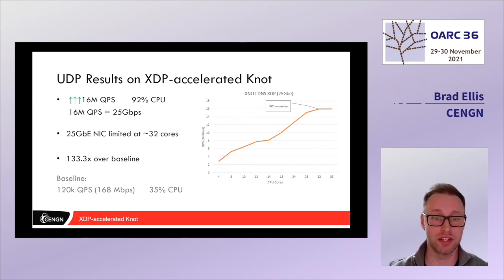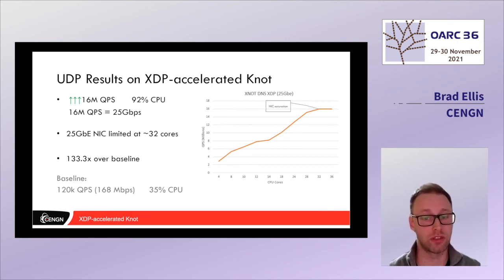So we hit network card saturation. And we hit this actually at only 32 cores when we had 36 available. So there's room for a little bit more improvement there, although that's the limit of what we hit. For some context, this is like 133 times our baseline number. So this was a great performance result, a great improvement.